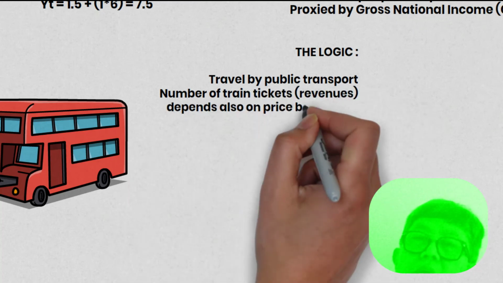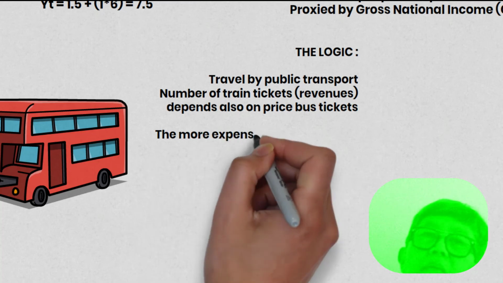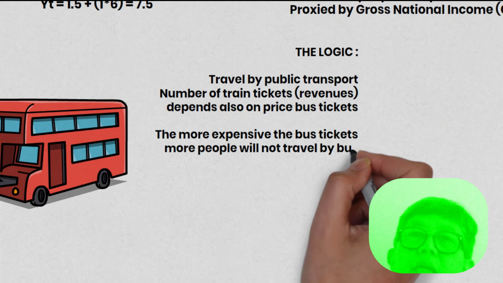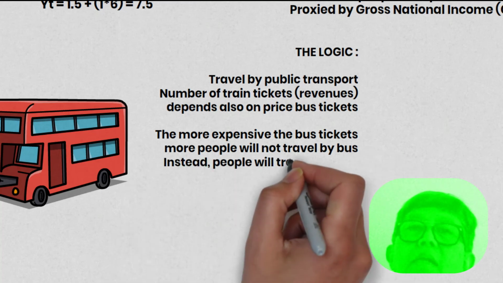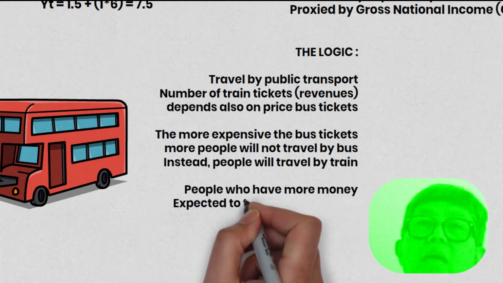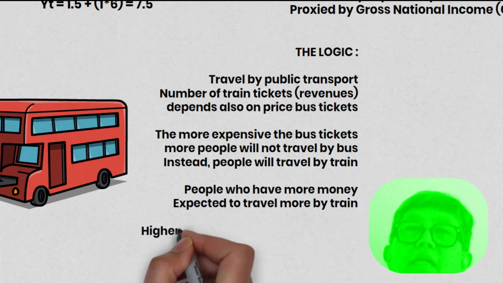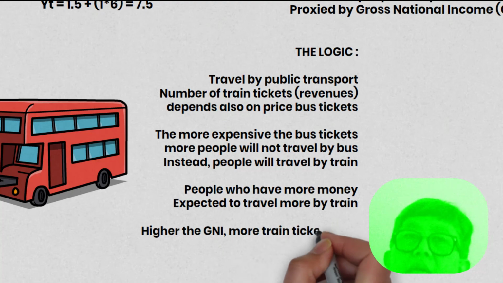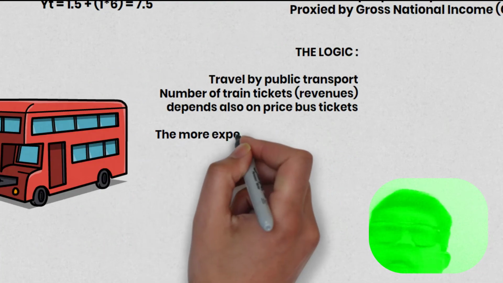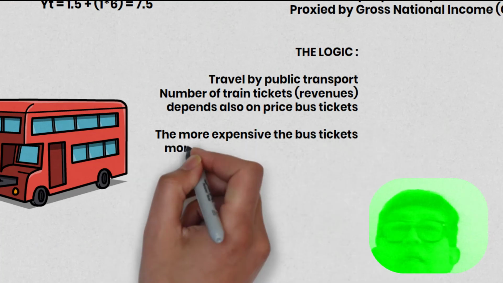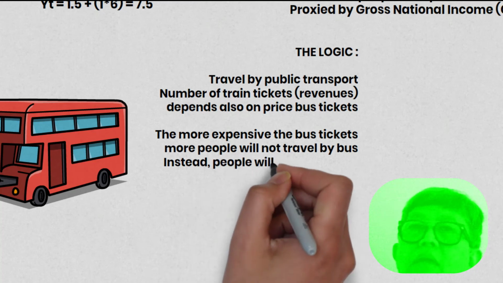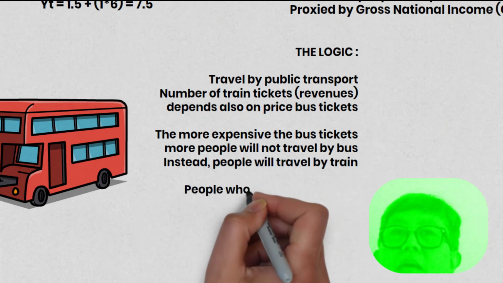Because you have economic theory and other theory like marketing, in which the number of train tickets sold also depends on the price of coach or bus tickets, as a substitute. So the more expensive the bus ticket, more people will not travel by bus because it is expensive. They travel by train as a substitute product.